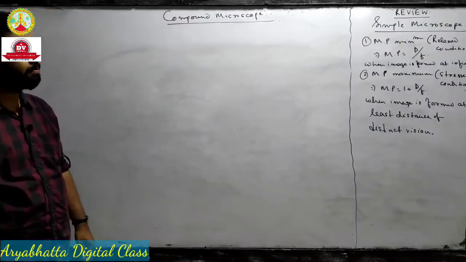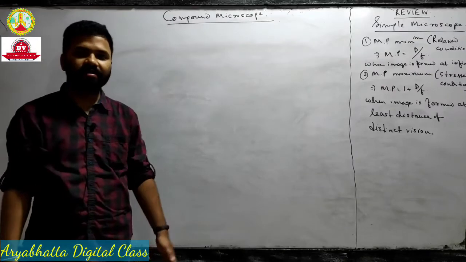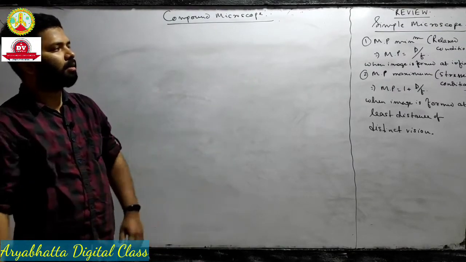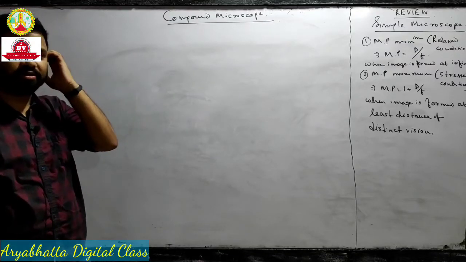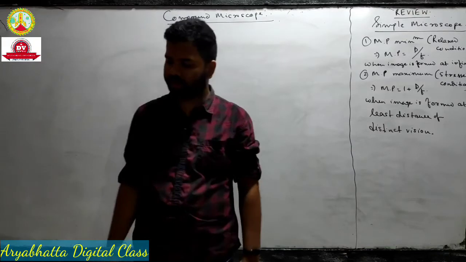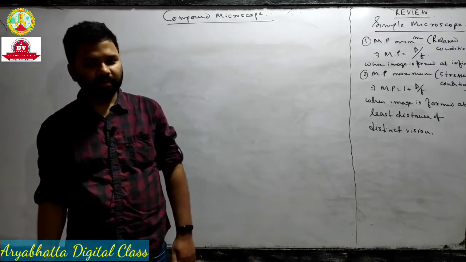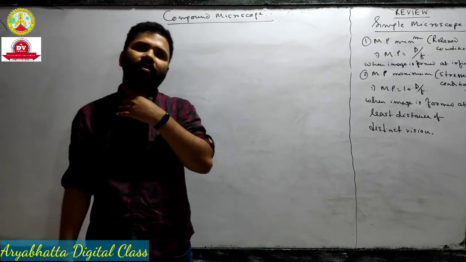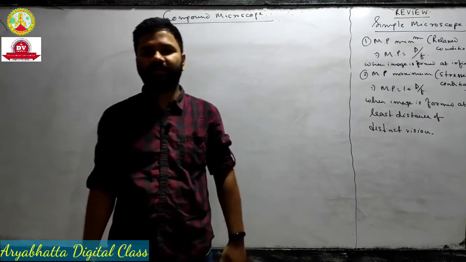So hello everyone. In the previous lecture, we were discussing optical instruments, okay? And regarding optical instruments, we will provide you a question paper, and there you will get some questions based on the eye.